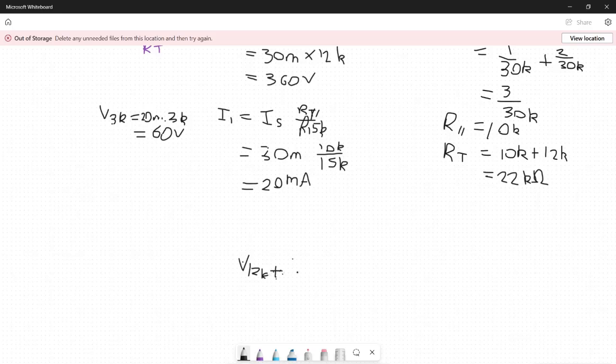So V12K plus V3K plus VDE is going to equal 0.